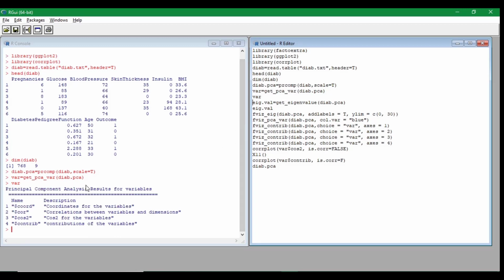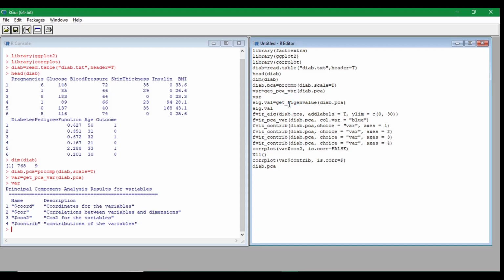So from this principal component analysis, the different results that we can obtain are the coordinates for the variables, the correlations between variables and the dimension, the cos2 values for the variables, that is how well an attribute is represented in each principal component, and the contribution of the variables. So how well does each variable or attribute contribute to this principal component.